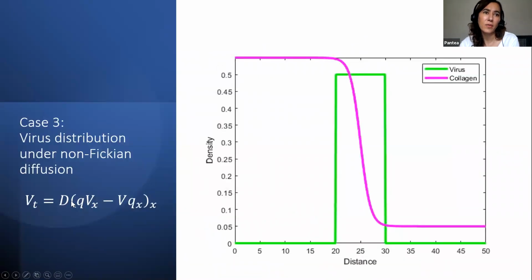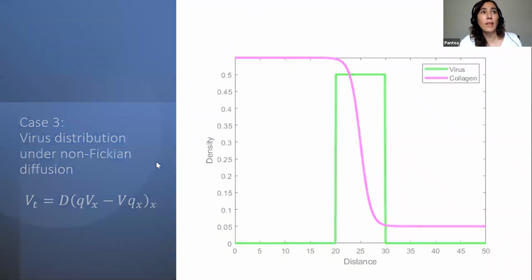Exactly. So in case 3, which is the one that we've chosen to go with, this is the one that goes and stays in regions of low collagen density, which makes sense. The virus makes this decision and moves to regions depending on Q. So if Q is higher in adjacent locations, it's going to move to adjacent locations.